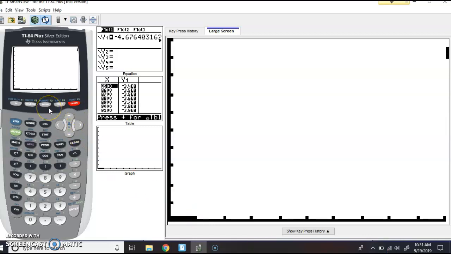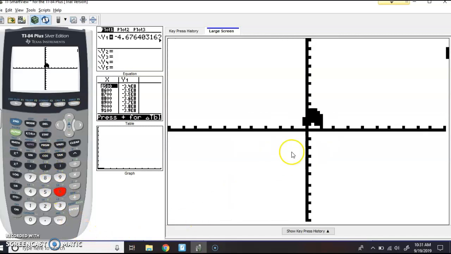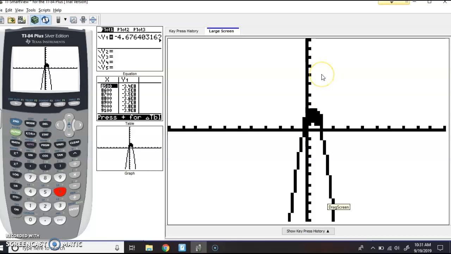Let's change our window a little bit because this is not going to show up. So we're going to go Zoom 6, see if it helps. Okay, so notice there's a lot of information there. That is a quadratic model. Zoom in, you can see the scatter plot a little bit better because they're all decimals between 0 and 1, essentially, or 0 and 2.